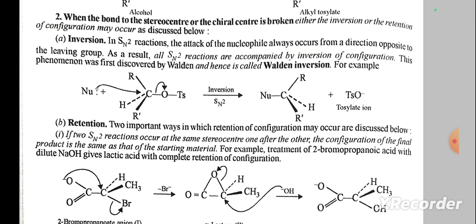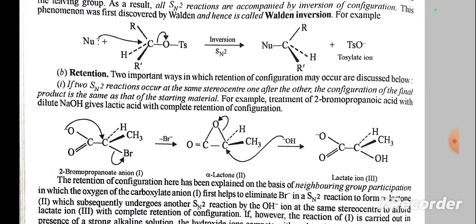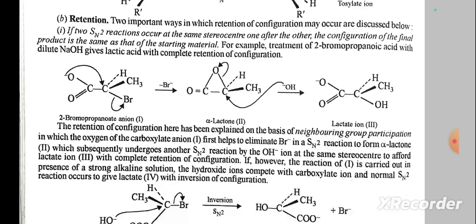Retention. The two important ways in which retention of configuration occurs are discussed below. First, when two SN2 reactions occur at the same stereocenter one after the other, the configuration of the final product is the same as that of the starting material.